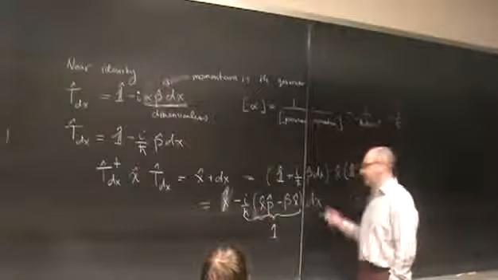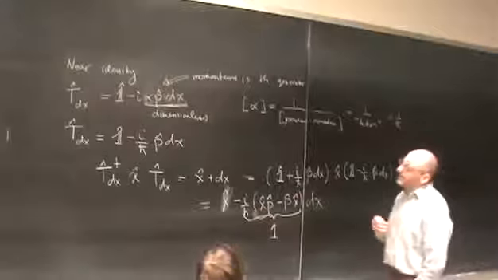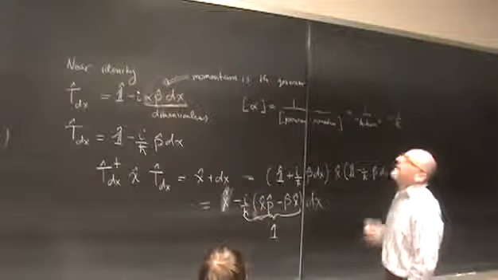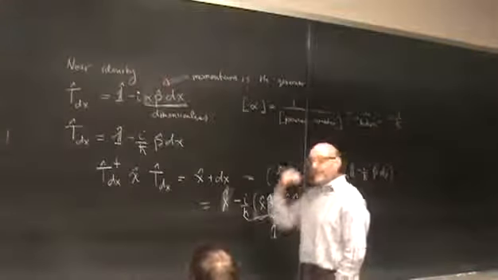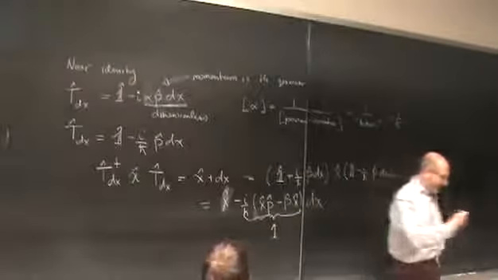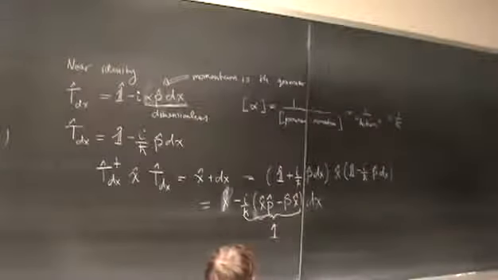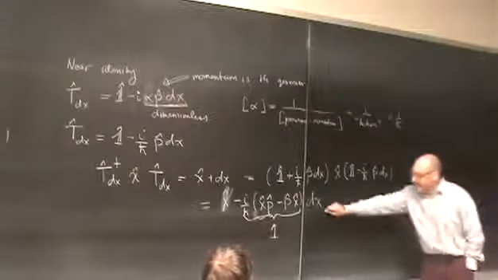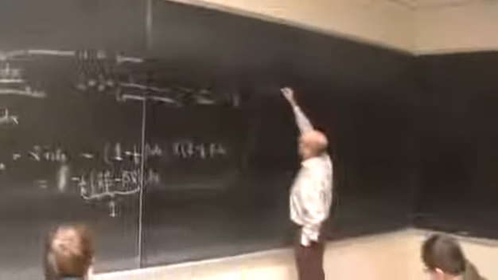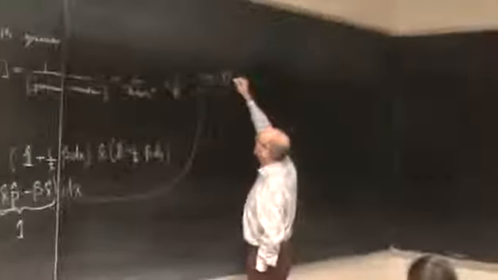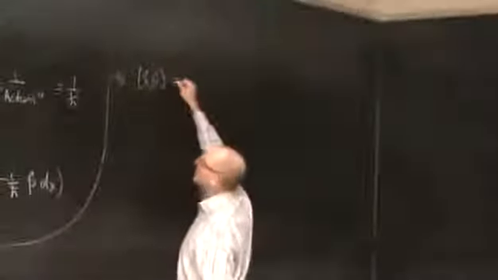And thus, in order to say that momentum is the generator of translations in position, it must be the case that the commutator satisfies the following: x times p minus p times x, the commutator, is equal to h bar over minus I, which is I h bar.